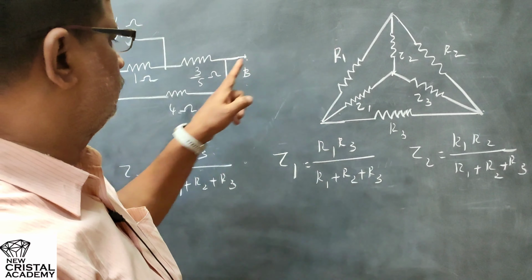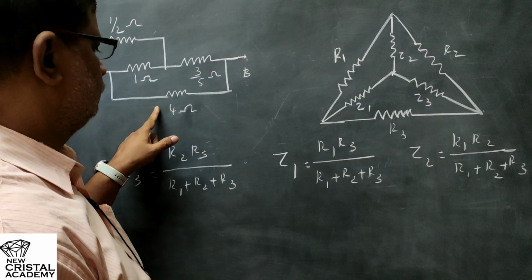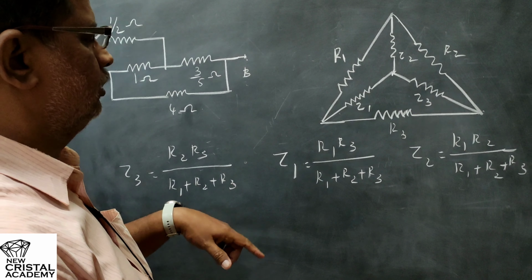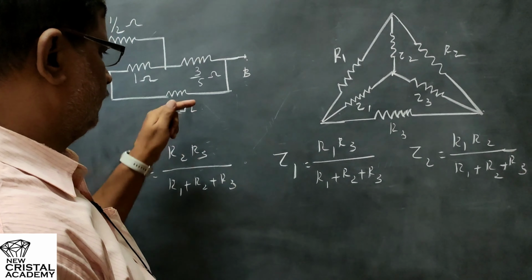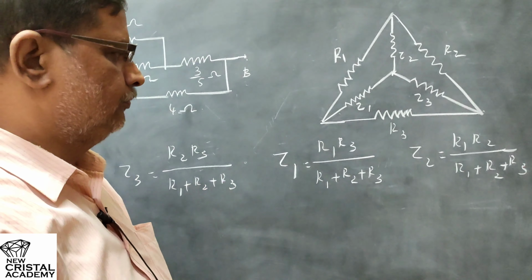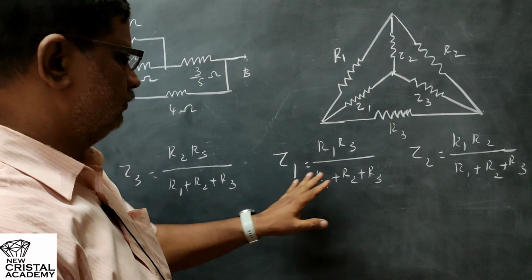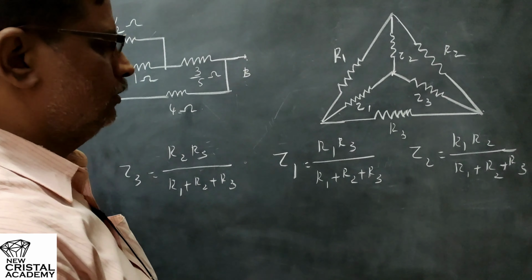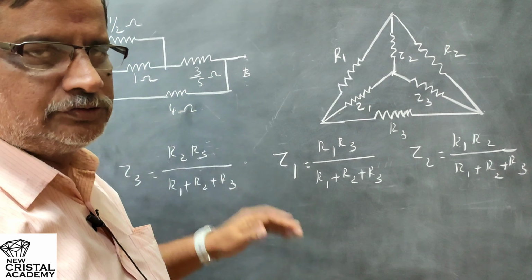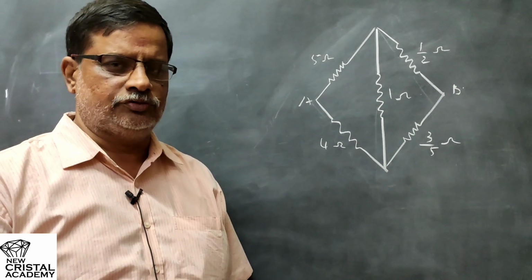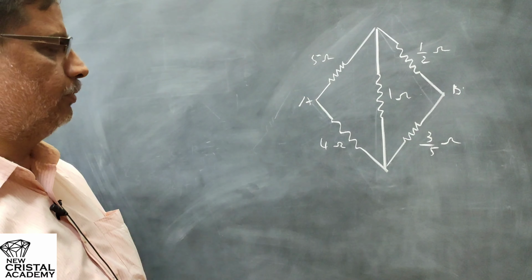Now we will redraw this diagram in the form of a bridge and try to simplify that circuit by using this technique. Once you find the values of Z1, Z2 and Z3, the solution finding the equivalent resistance circuit will become very simple. So I have redrawn the circuit in the form of a bridge.